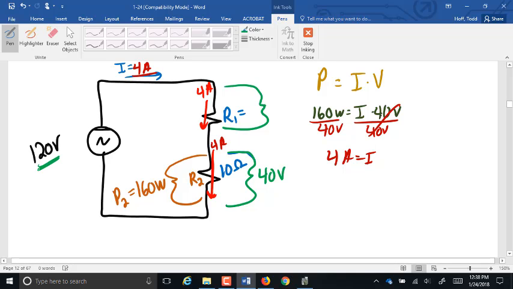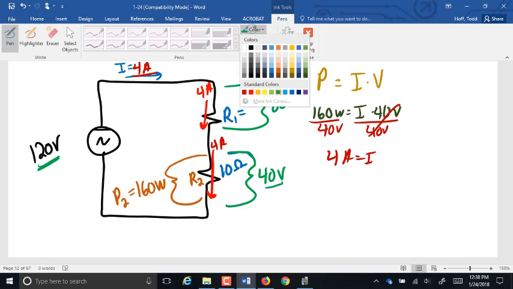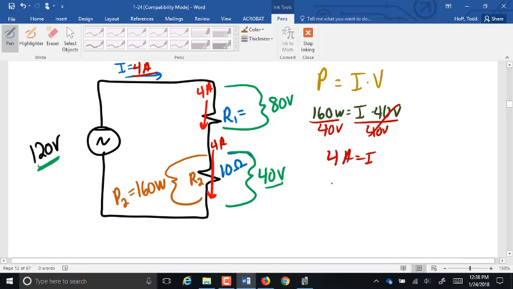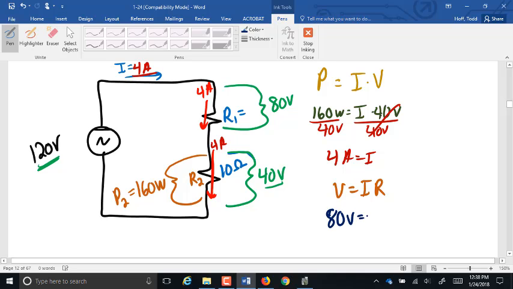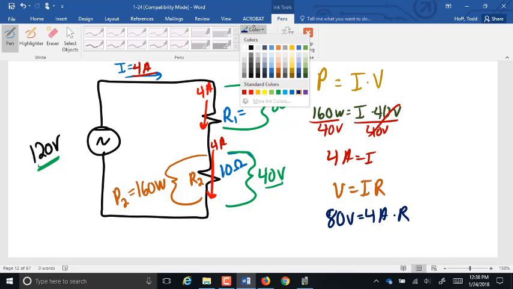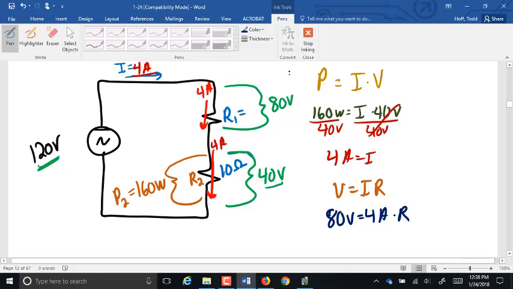Got 120 volts here. We've only lost 40. We got to have 80. Good. So we have 4 amps and 80 volts. So voltage equals current times resistance. We put in 80 volts equals 4 amps times resistance, and we will divide by 4.